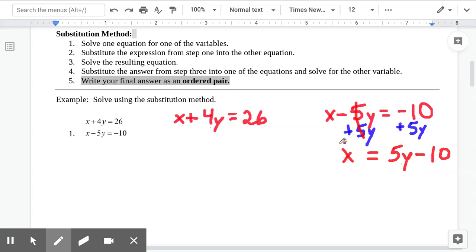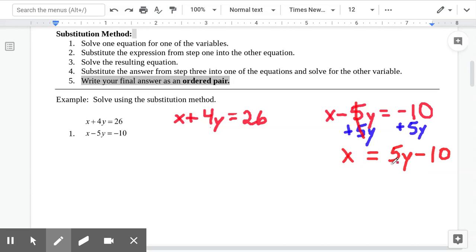And what that tells us is that x can be interchanged with the expression 5y minus 10. x is equivalent to the expression 5y minus 10. And so you'll notice in this other equation that we have not yet used, there is a variable x over here, and this rule that we just found can be applied to this x as well.